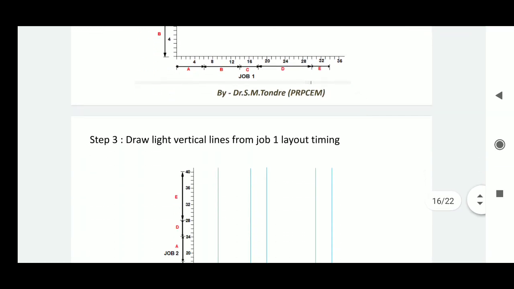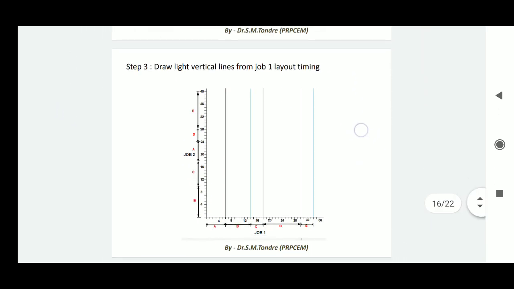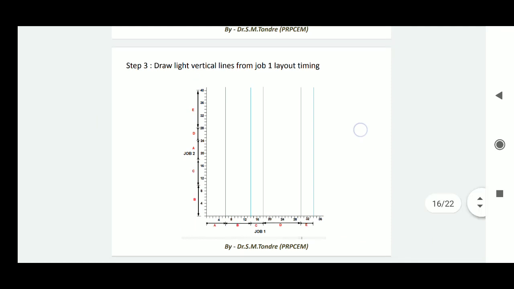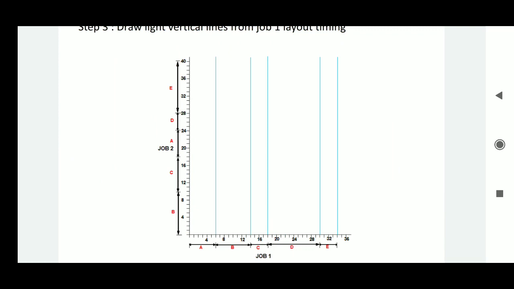Now the next step is to draw light vertical lines from the layout. For job 1, draw the vertical line from the layout scale. For machine A, 6 hours are there, and from 6 hours draw the vertical line.